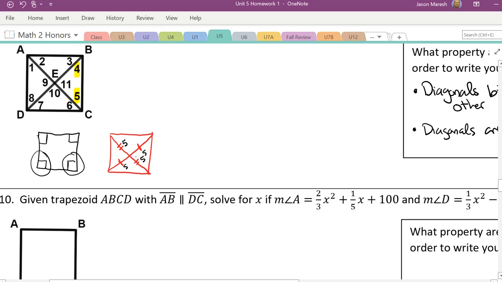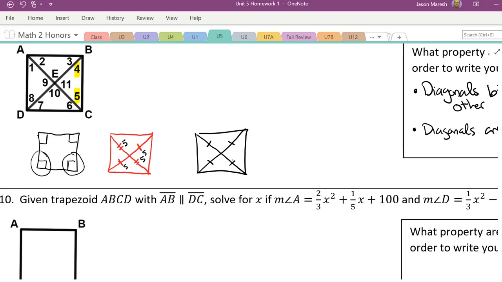You could pick any length. But if the lengths are the same, then all four of these pieces are the same length. And that's a unique property in and of itself. We didn't spell that out, but it's something you want to know with rectangles. And it only works with rectangles, that all four of those smaller pieces are going to be congruent.